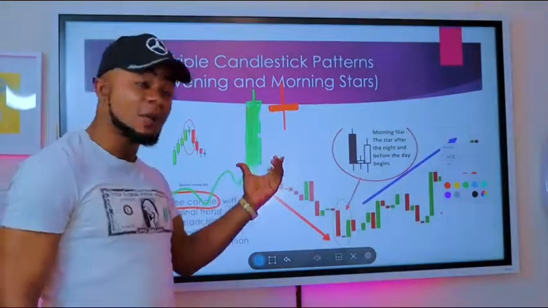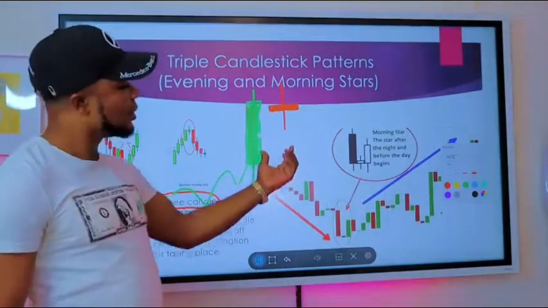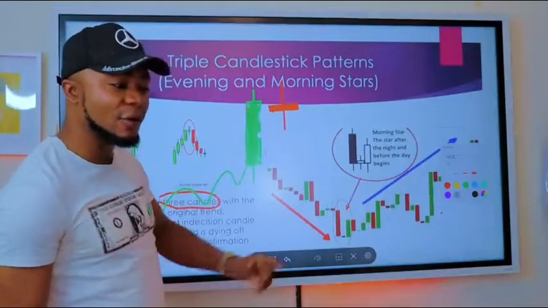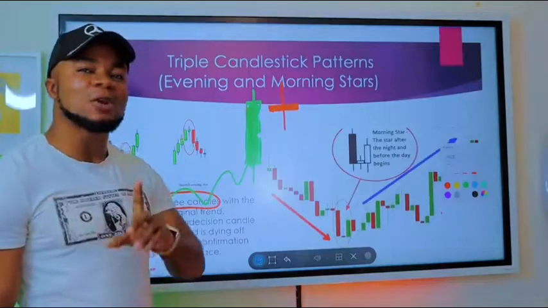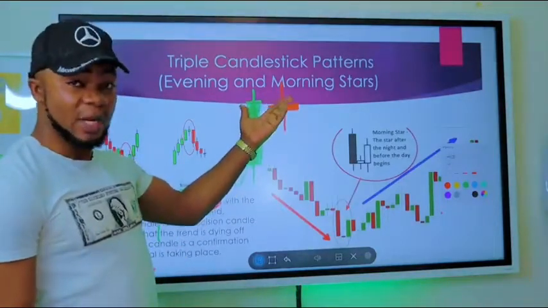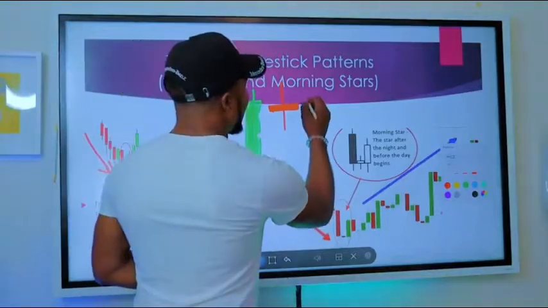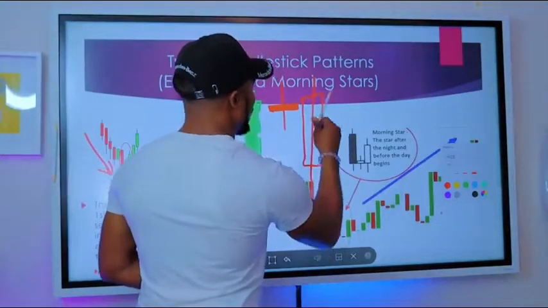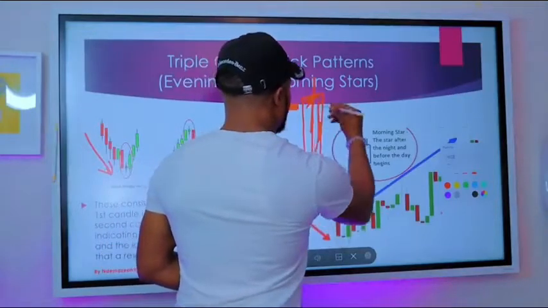The first candle was in the direction of the trend, the second candle is an indecision candle, and the third candle is a confirmation candle. If this is occurring at a particular resistance, then the third candle will look something like this.